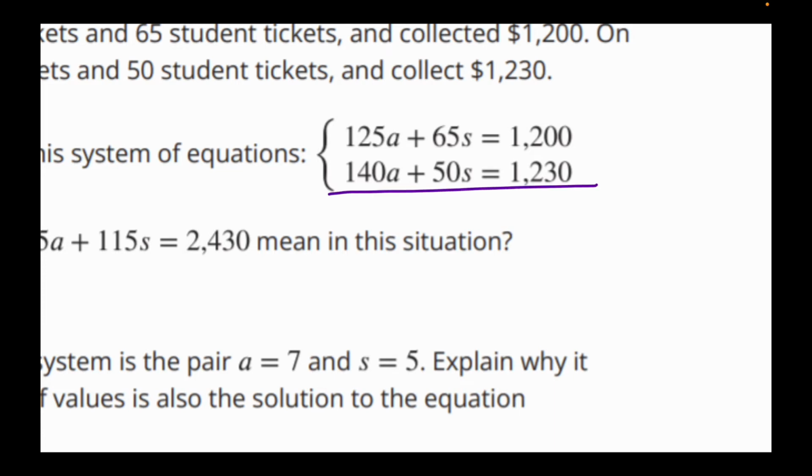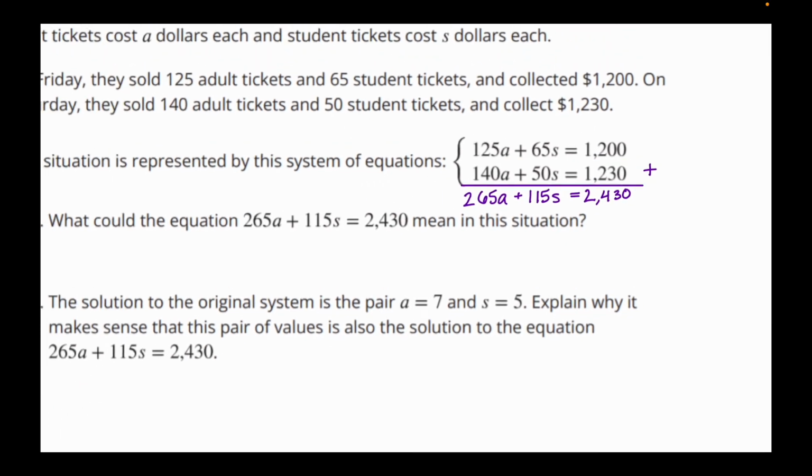If we added everything here together, you would get 265A plus 115S, and then it's going to be equal to 2,430. So that's where we get it. It's from adding them together.